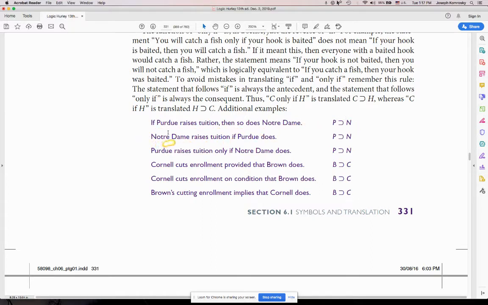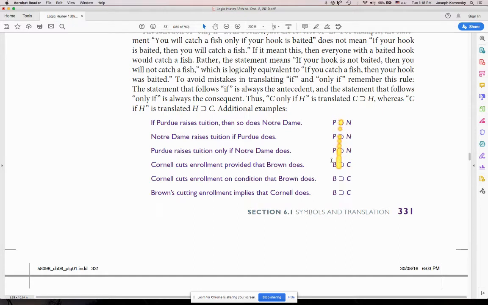What about this? Notre Dame raises tuition if Purdue does. Now I have the if at the end of the sentence, where over here I have it at the beginning. So if I have it at the end, do I translate it on the end or the right side? No. If Purdue does, anything after the if is an antecedent. It means it always goes to the left. Remember, these are all conditionals.